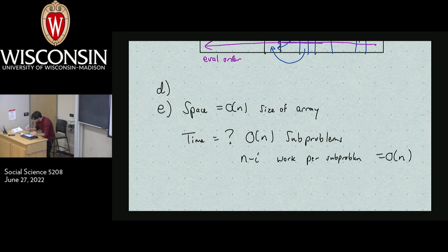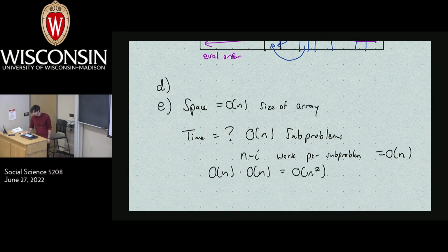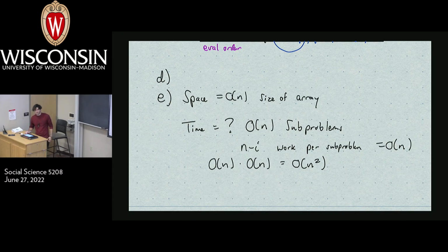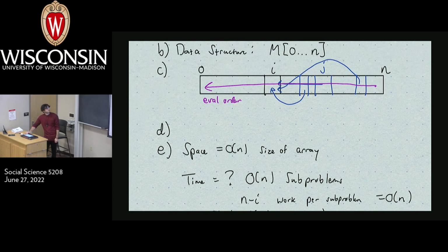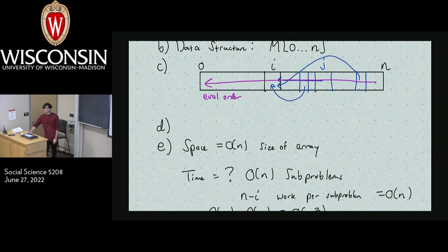Overall, you're doing O of n subproblems, each taking O of n time, so it's O of n squared. Although it may have looked like we were getting a much better algorithm, asymptotically they're actually the same. We didn't really get significant savings from doing it this way. But we did get space savings if you just look at the originals. You can also improve the space of the previous one too. So they're basically the same algorithm, even though they function completely differently.